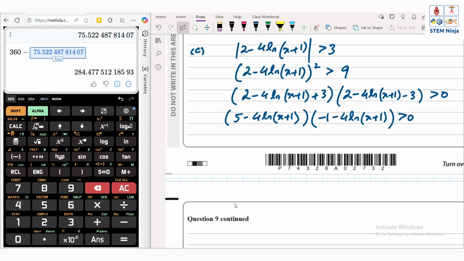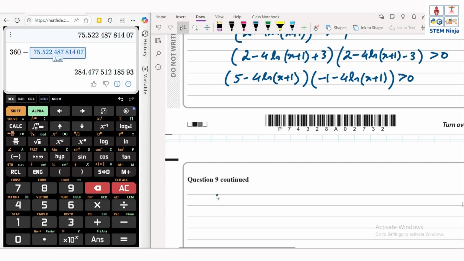So this means that we have two factors. Since we are trying to find the critical points, we find when 5 − 4 ln(x + 1) is equal to 0 and when −1 − 4 ln(x + 1) is equal to 0.